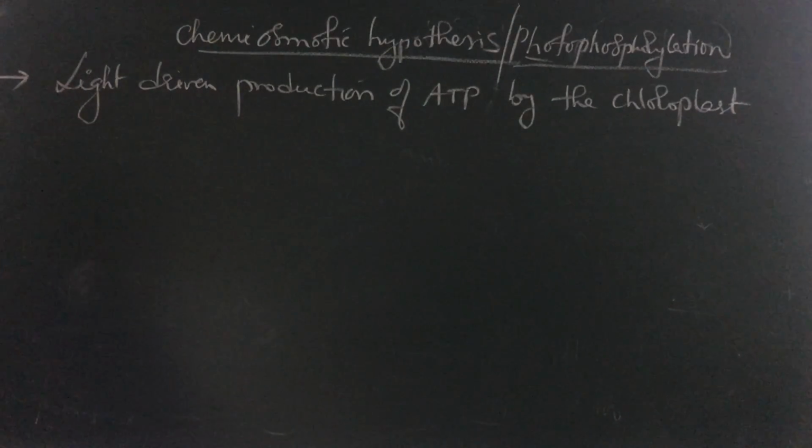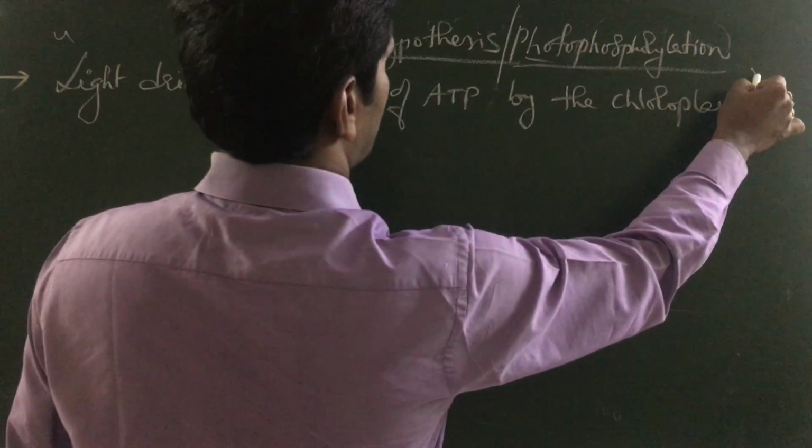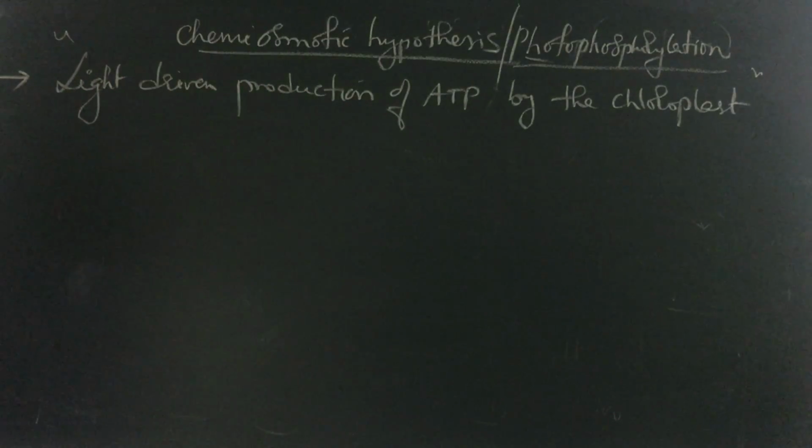Light driven production of ATP by the chloroplast, we call it photophosphorylation. So how can the light synthesize the ATP?